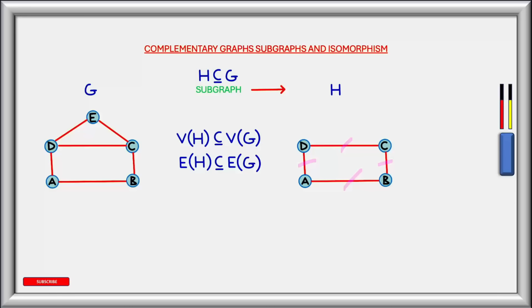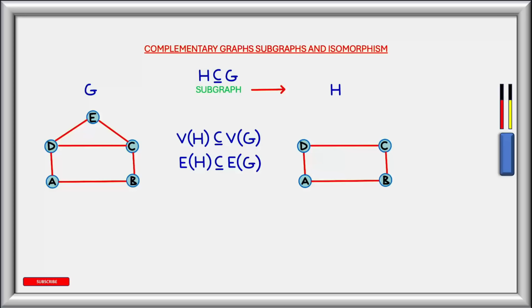According to our definition of a subgraph, graph H is a subgraph of graph G because the vertex set of H is a subset of the vertex set of graph G, as both have vertices A, B, C, and D, and the edge set of graph H is a subset of the edge set of graph G, as both graphs have the edge from A to D, from D to C, from C to B, and from A to B.